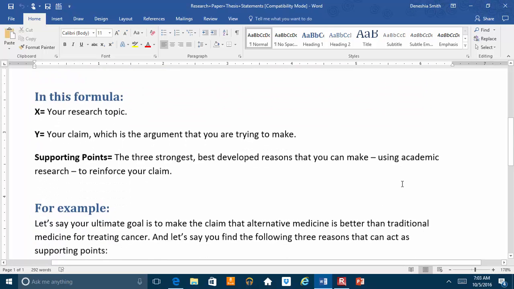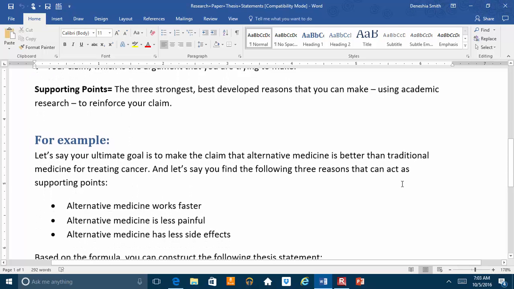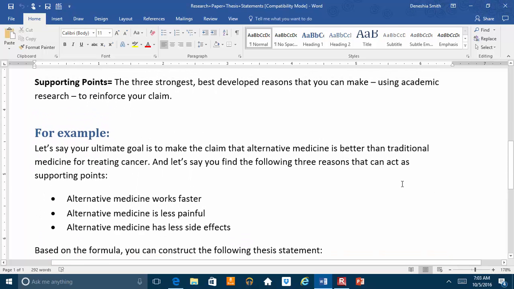Now if we look at an example, remember in the other video we were talking about arguable topics, and I told you that "cancer is bad" is not an arguable topic. But if we said alternative medicine is a better way to treat cancer, then that is a good arguable topic.